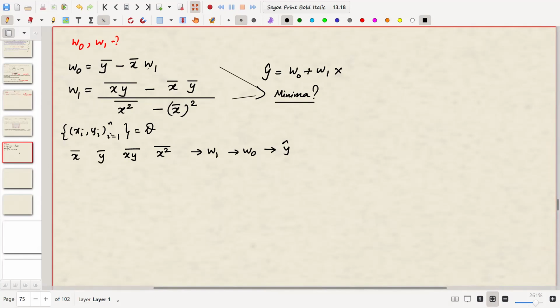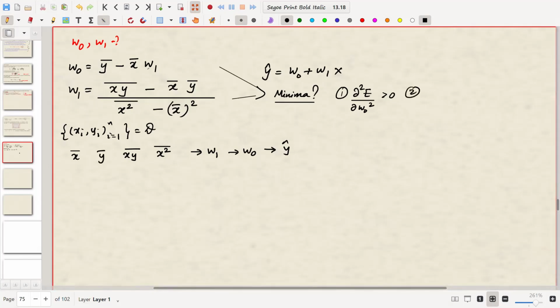I will share the notes, but I'm not doing it here. You can check. You have to check the second partial derivative with respect to W0, the first variable, which should be greater than 0.